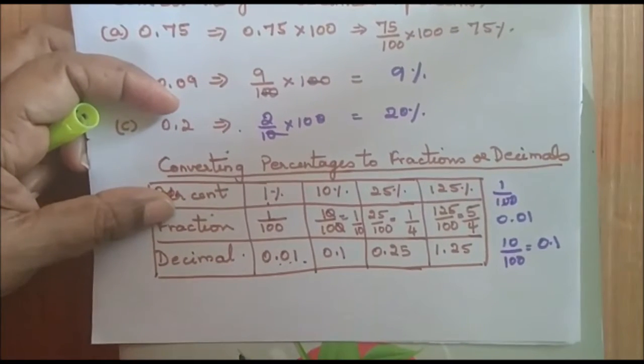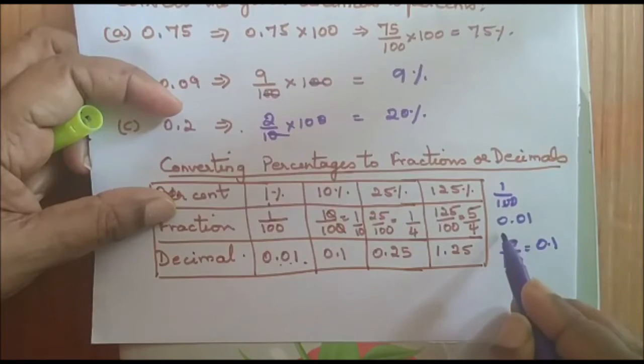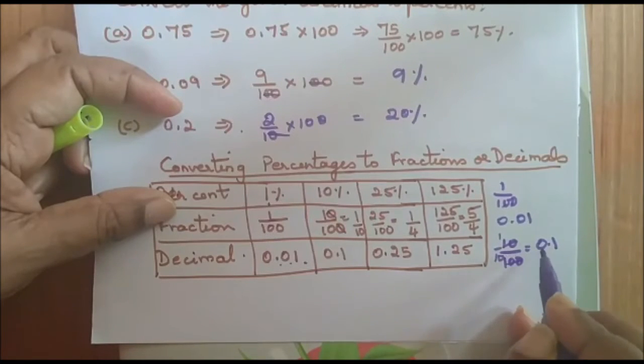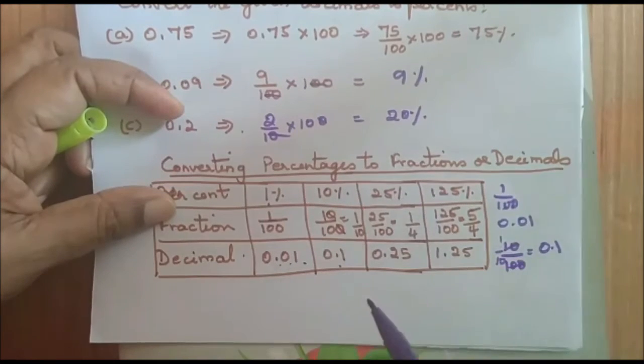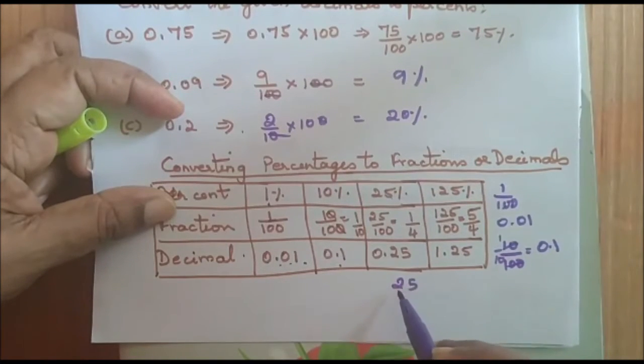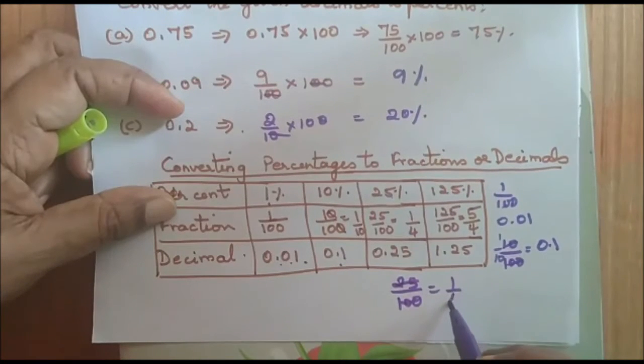I hope you understood this. 10 by 100 can be further reduced to 1 by 10, and 1 by 10 is written as 0.1. Now I'll take 25%. 25% as a fraction is 25 by 100, which is nothing but 1 by 4.